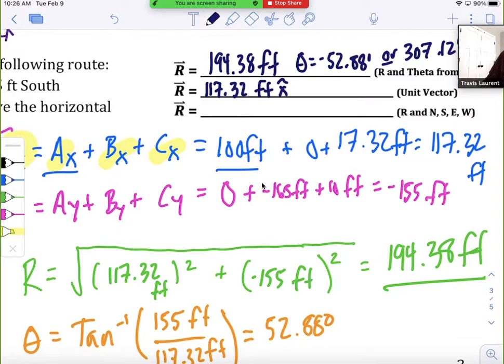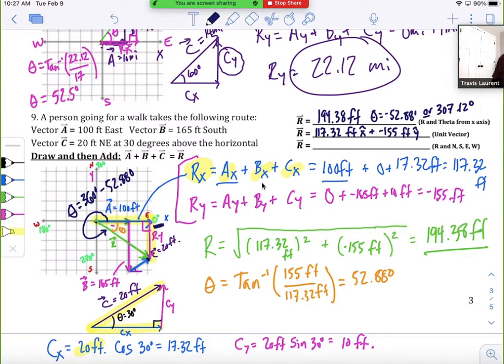So we say x hat plus, we actually went down, so we say negative 155 feet y hat. Physics books like that way because if you have to end up at this point right here out in space and time, you just go over 117 and then down 155, and you end up there.